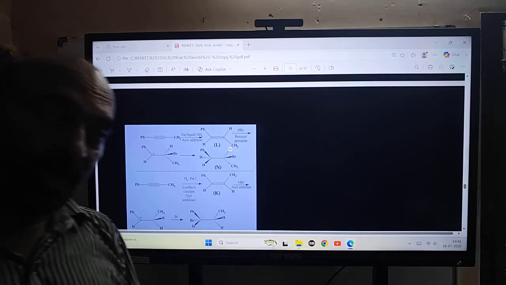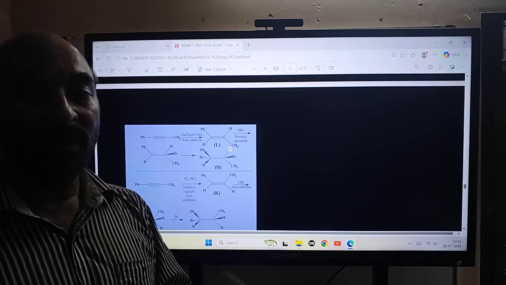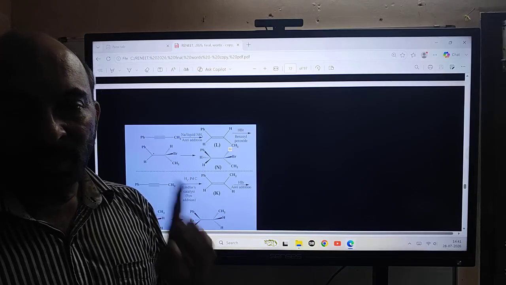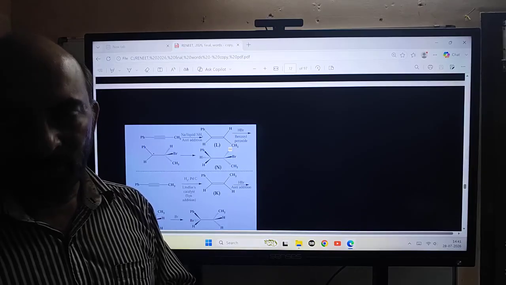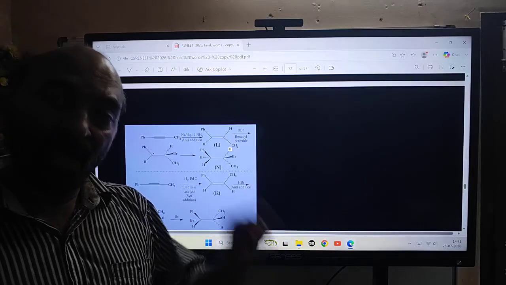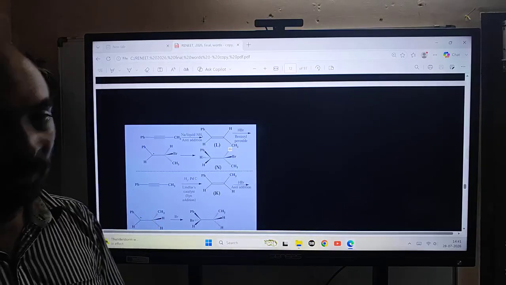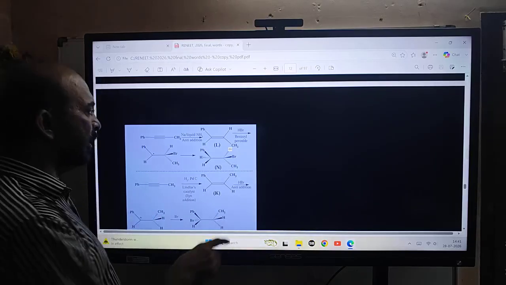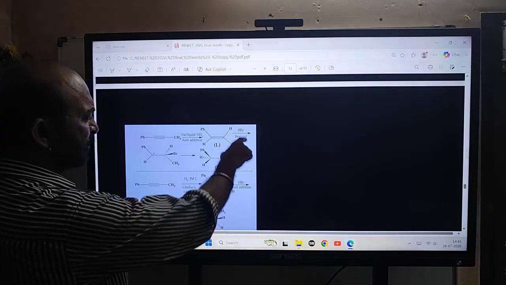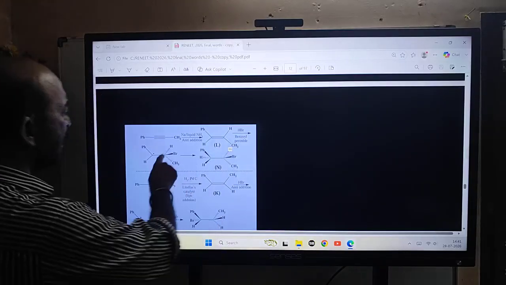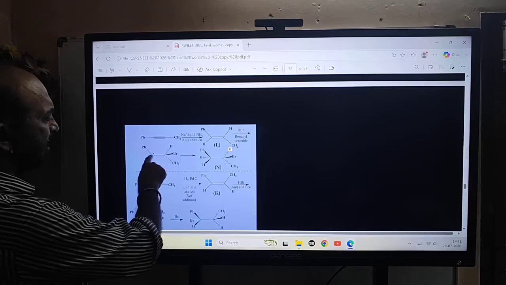But in the presence of organic peroxide, there are two differences. One, the addition is non-ionic, free radical. The other is that Br free radical adds first, followed by hydrogen free radical. So when HBr is added in the presence of benzoyl peroxide, Br adds to this carbon, not to this carbon.